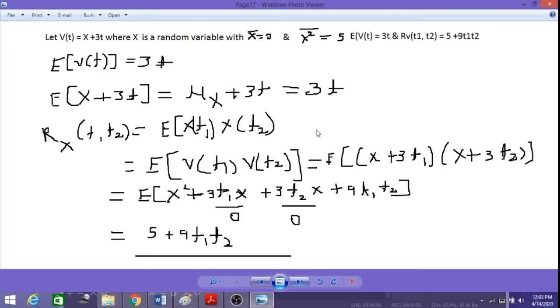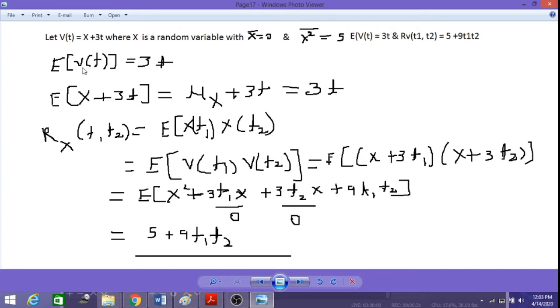Now let us take an example. Let v(t) equal x plus 3t, where x is a random variable whose mean is equal to 0 and whose mean square is equal to 5. We have to prove that the expectation of v(t) is equal to 3t, and the autocorrelation is equal to 5 plus 9 t1 t2.